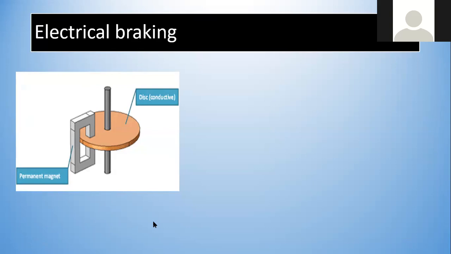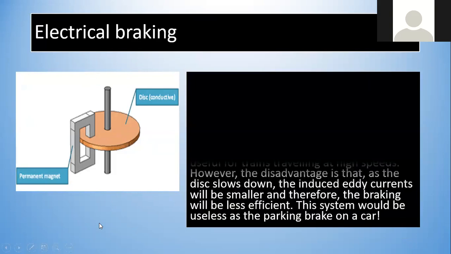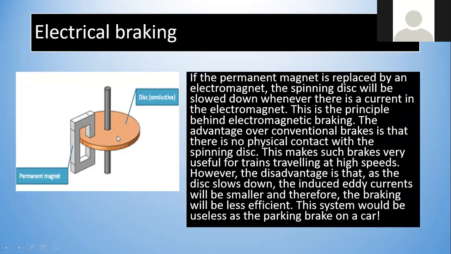We will have to end in 10 minutes' time. There's your electrical braking. You can read from your textbook there, where instead of using a permanent magnet, we can use an electromagnet. One good thing about electrical braking is that when you have a train moving very fast, if you use an electromagnet, it will stop very fast.